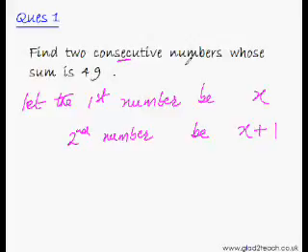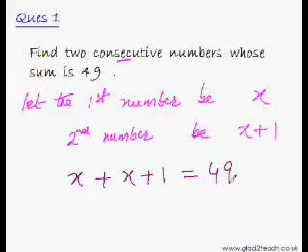So according to this question, the sum of x and x plus 1 should be 49. x plus x plus 1 is equal to 49. Now what we have got here is a very simple linear equation, and you're already an expert at solving linear equations.